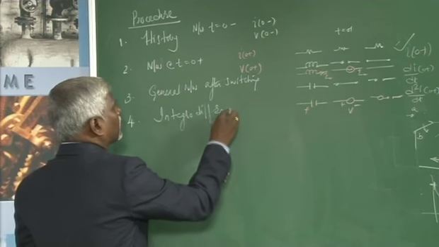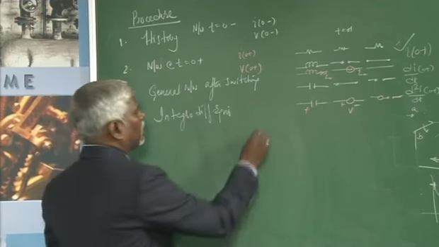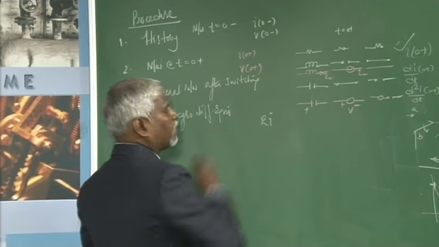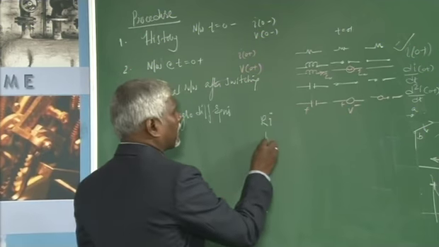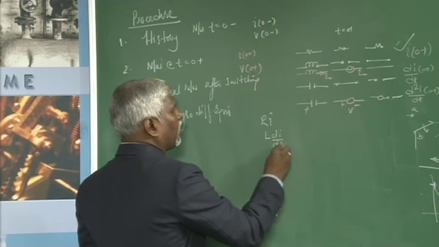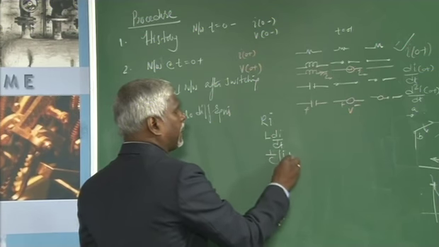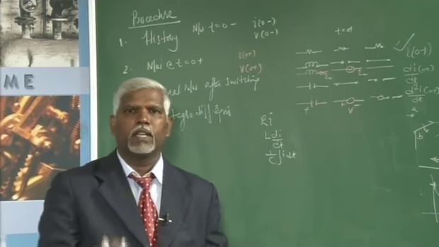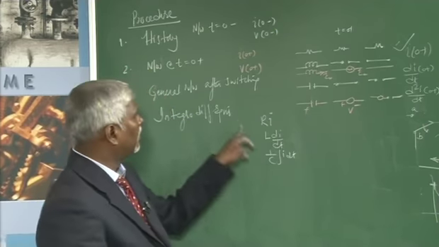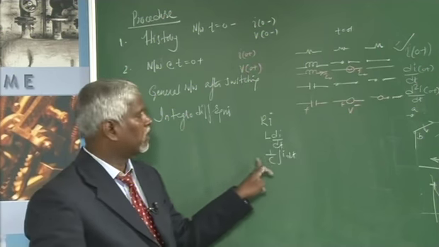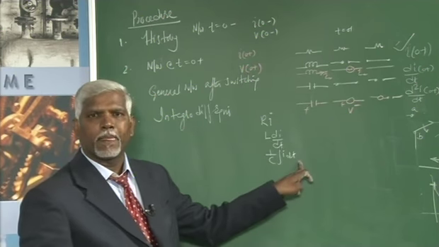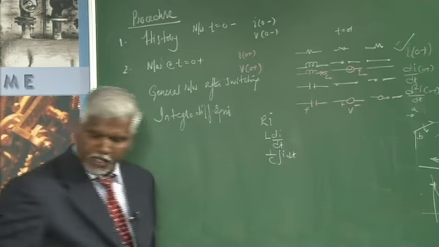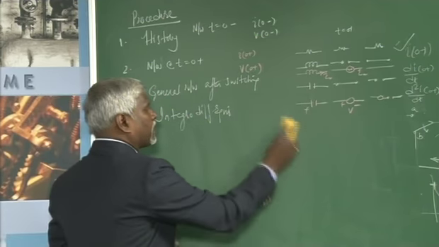Voltage across the resistor is R into I, voltage across an inductor is L di by dt, voltage across the capacitor is 1 by C integral I dt. With this, write either KCL or KVL equations. If it is KCL, it is 1 by L integral V dt, or C dV by dt. We will see this in the next class, but write integral differential equations.